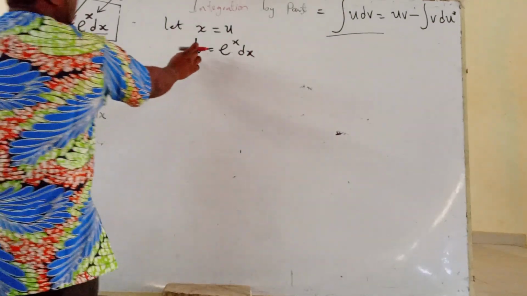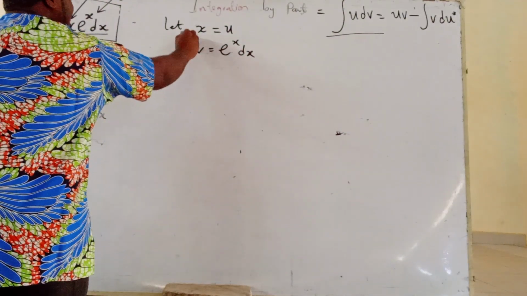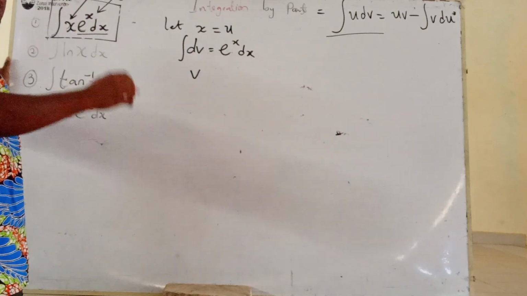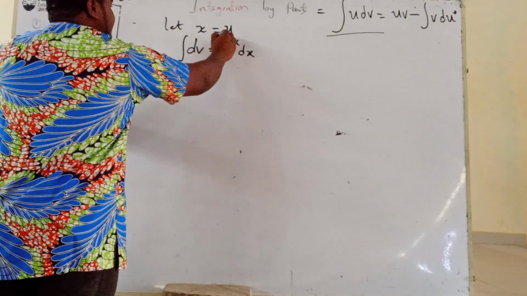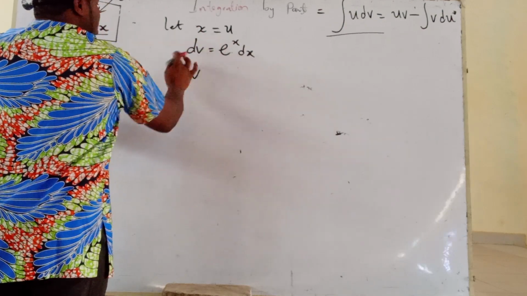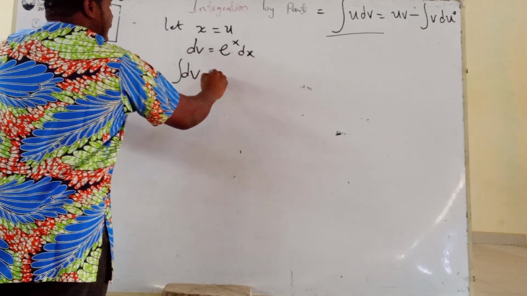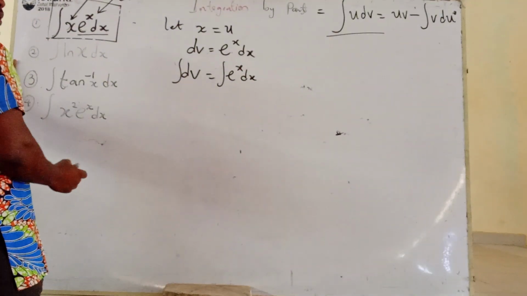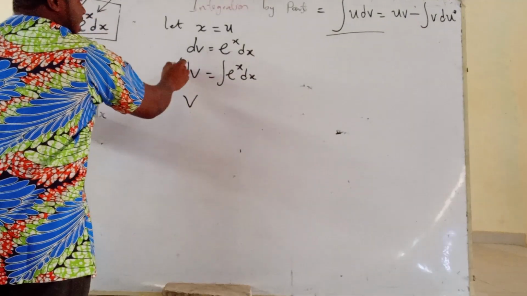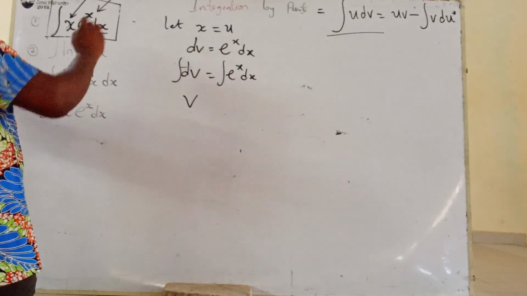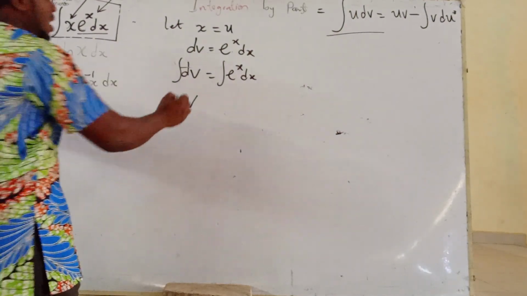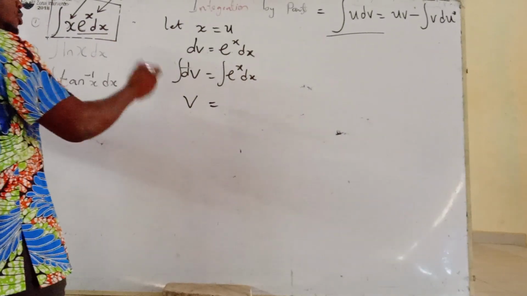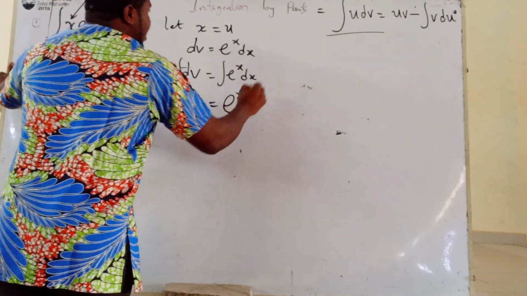So from here, if I integrate this side, I'm going to get v, because integration is anti-differentiation and vice versa. If I integrate exponential x, I'm still going to get exponential x.